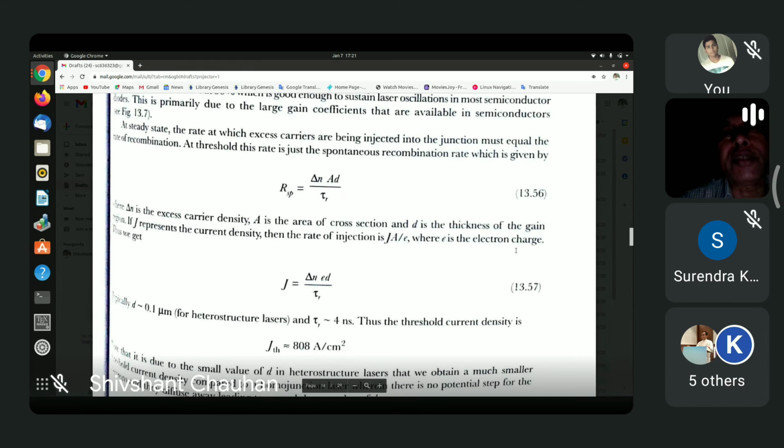Now, as you can see from this expression, the equilibrium, that is when you have the recombination rate equated by the rate at which carriers are injected, is achieved when the number of carriers injected per second across the junction is also equal to delta N into A into D by tau R. So this J actually stands for current density.